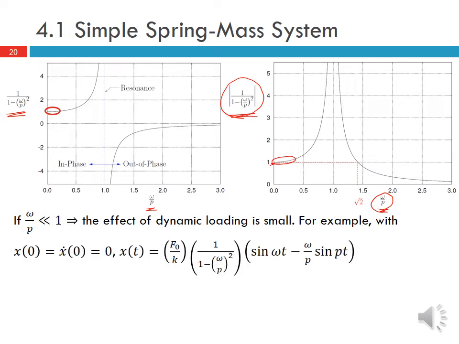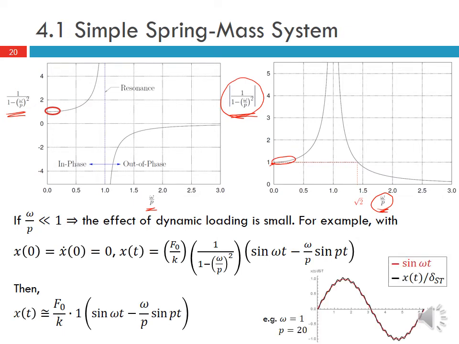Just as an example, if we start with zero initial conditions, this is the total response of the system. The total response looks like this if omega over p is very small.